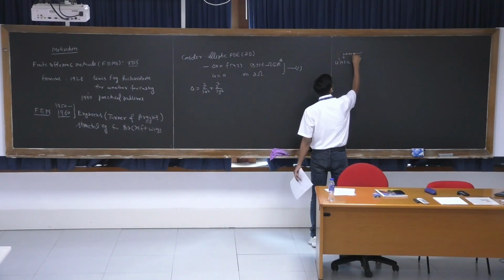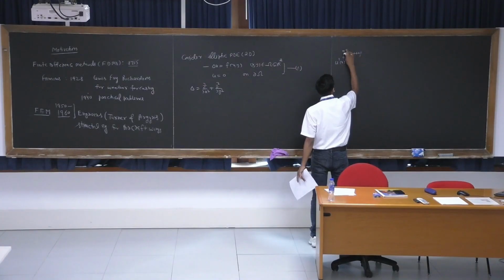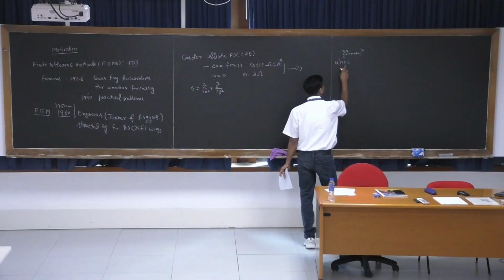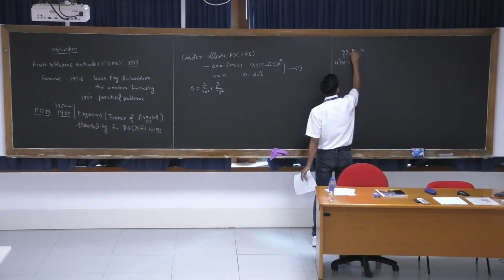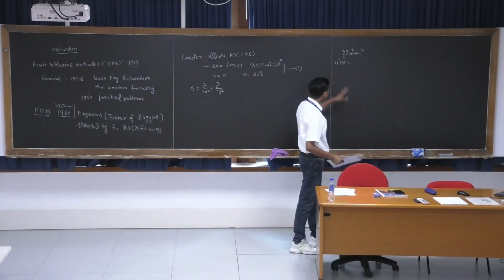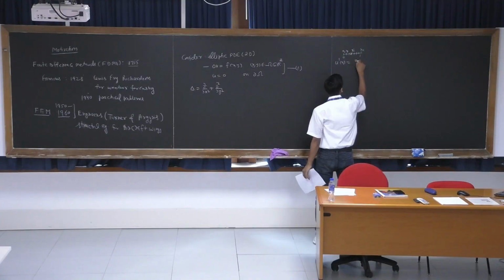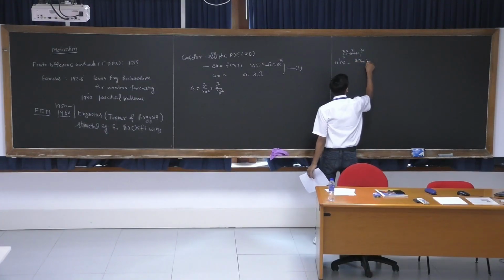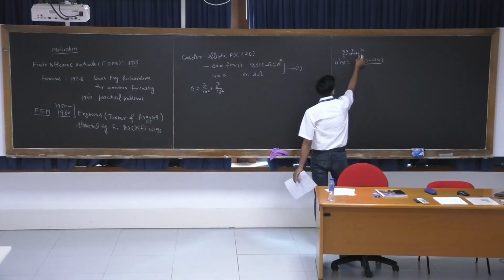Discretize the domain into, suppose, n points x1, x2, up to xn. So this is one ith point. Discretize the derivative at the ith point, because I am using the forward difference method. So this is this, divided by some step length.